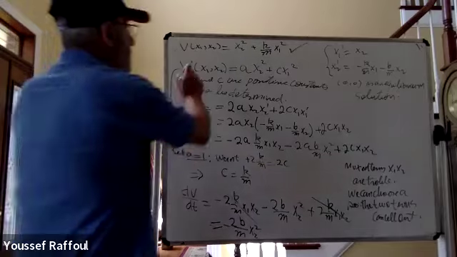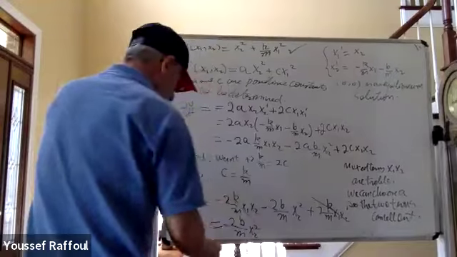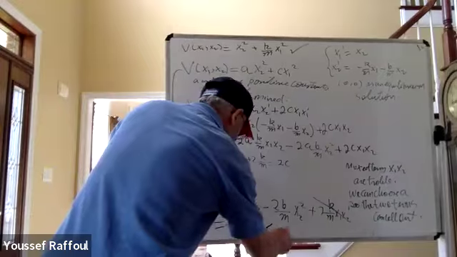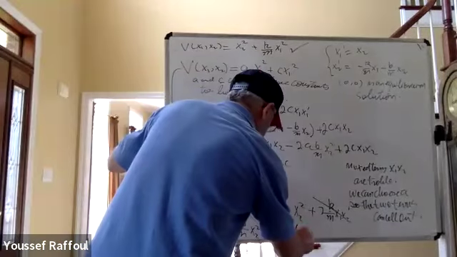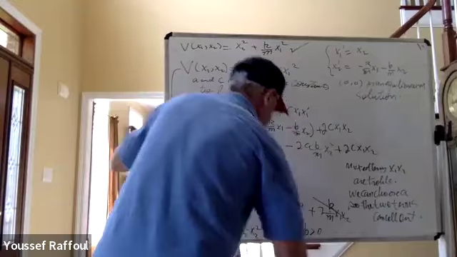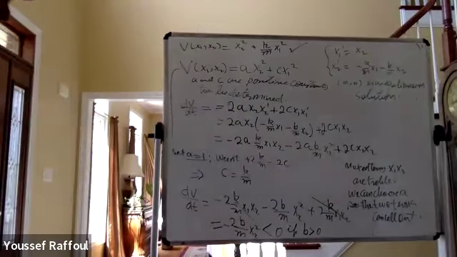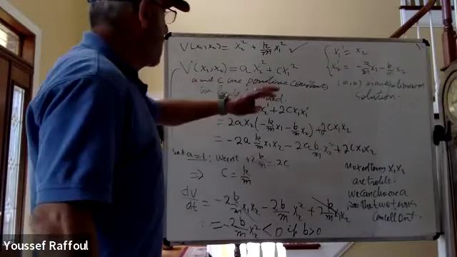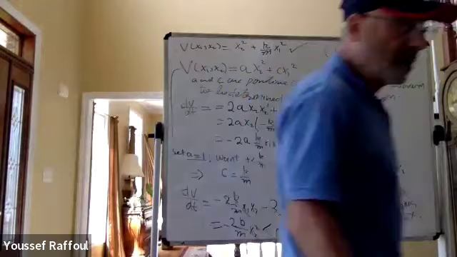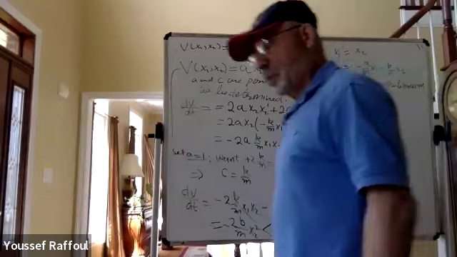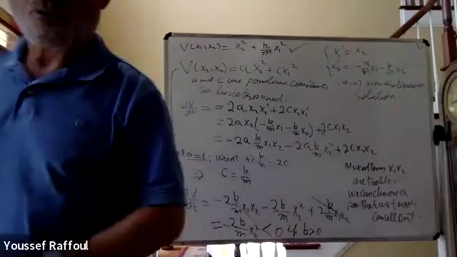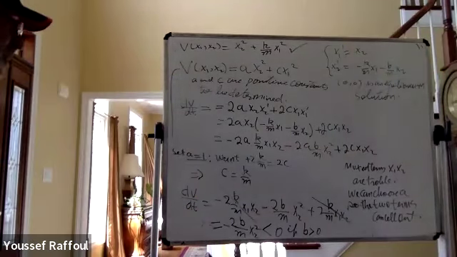So this is less than 0 if b is positive. Now, if b equals 0, if the system has no friction, then (0, 0) will be stable. Later on, we will show that.